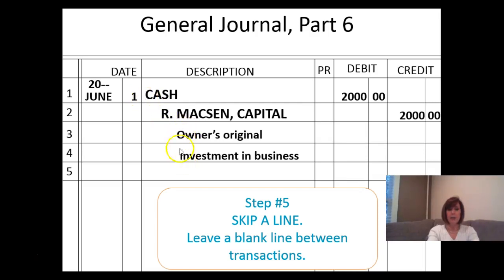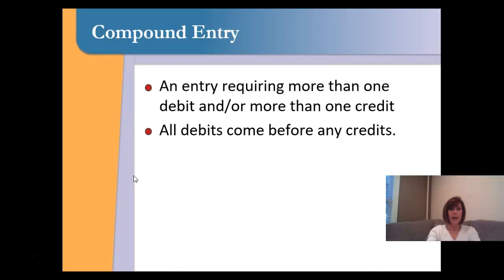Then your explanation, your description, is indented from where the credits are. And then you're going to skip your line, and you will then go on to the next transaction.